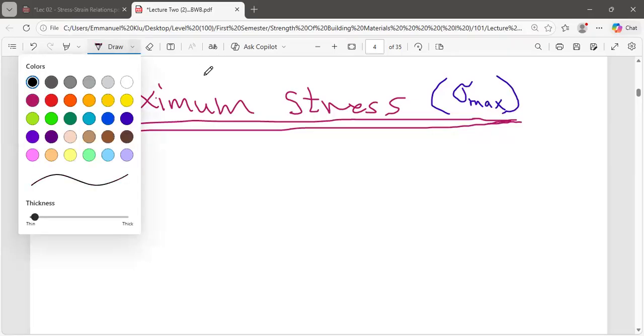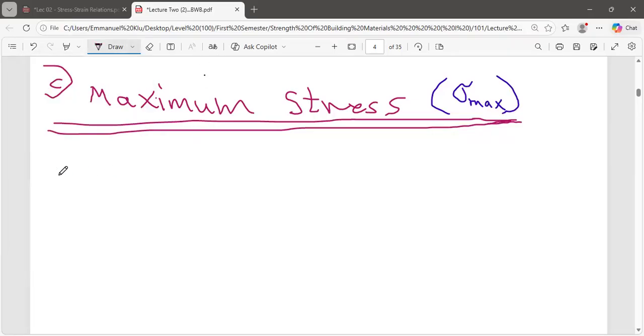What is the formula for stress? Stress is equal to force over area. But in this case, we are being specific. Which force are we talking about? We're going to use the maximum force over the what? Original area.